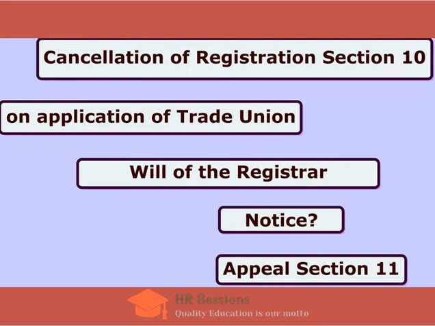Now, can we appeal if it is cancelled? Yes, we can appeal under Section 11: the aggrieved party, by any refusal of the registrar to register the trade union, can appeal as to why it is cancelled.